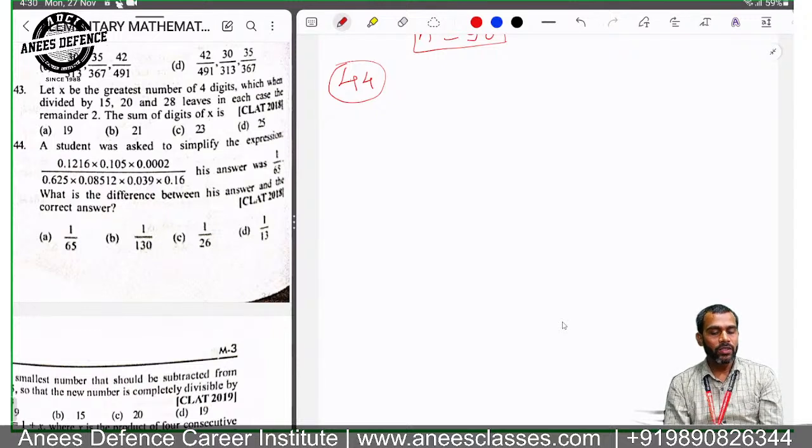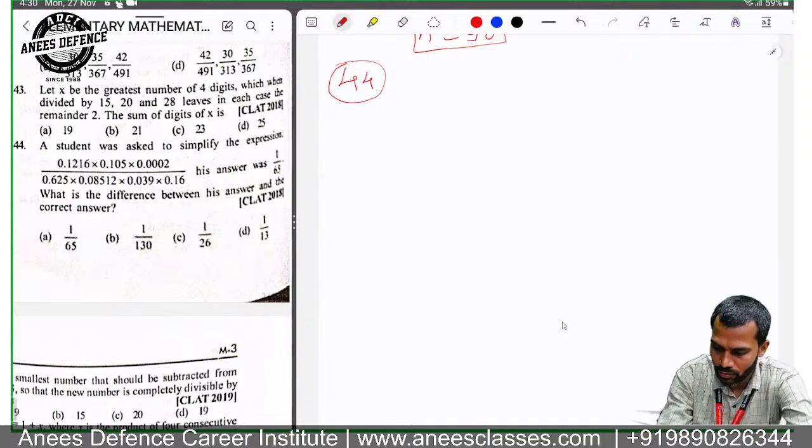Just remove all these points first. Yes or no? So how many decimal points are there in numerator? 11, I guess. Yes or no?